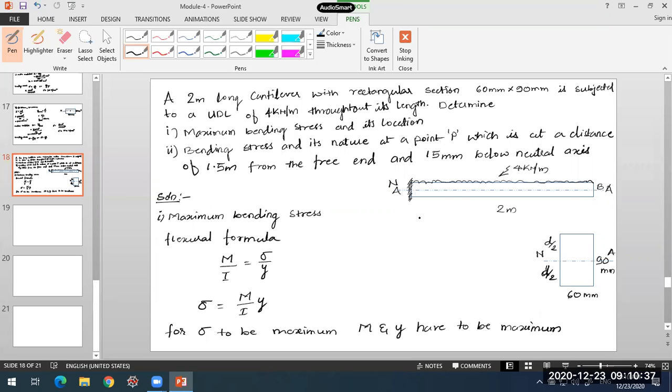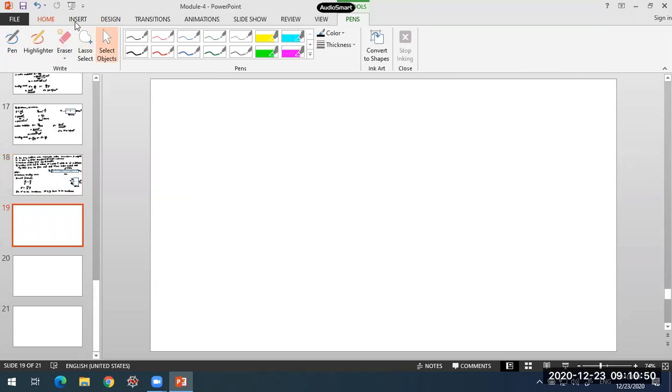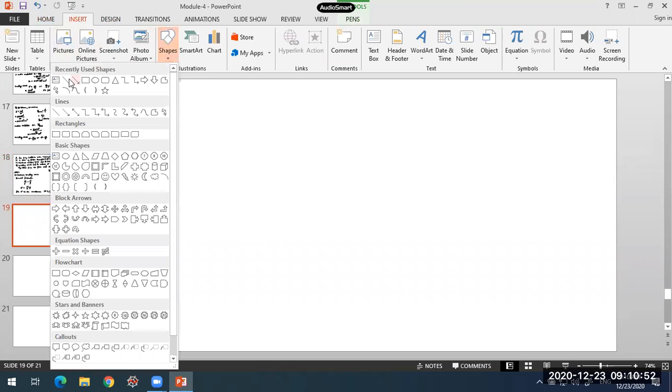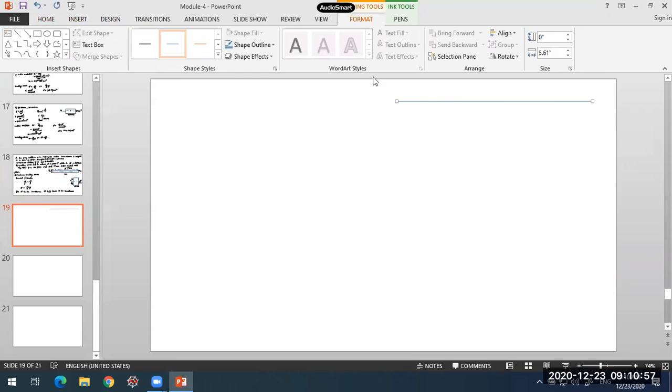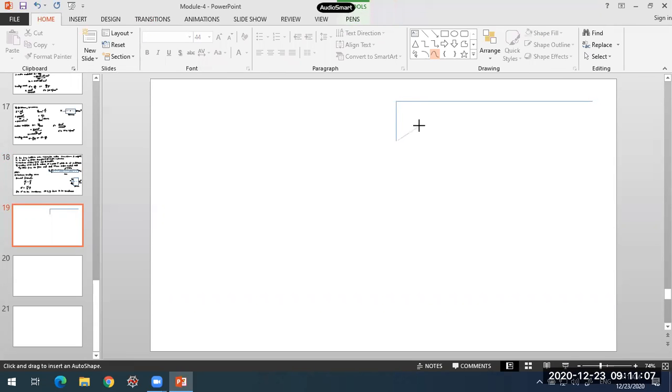If you just recall the bending moment diagram for the cantilever beam, you'll get the maximum bending moment at the fixed end, WL square by 2. At this fixed end we come across the maximum moment. For a UDL, the variation will be something like this, parabolic.